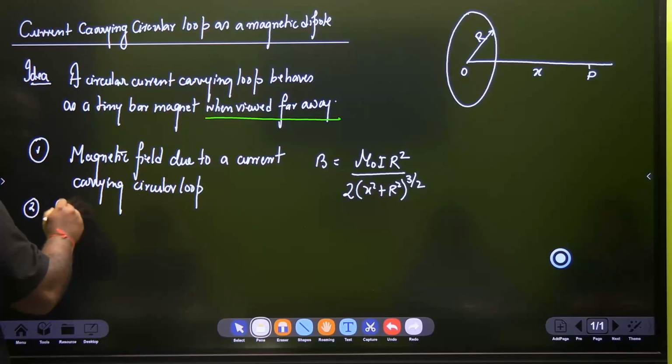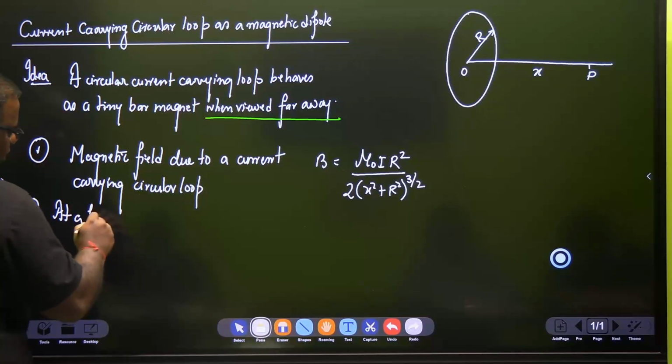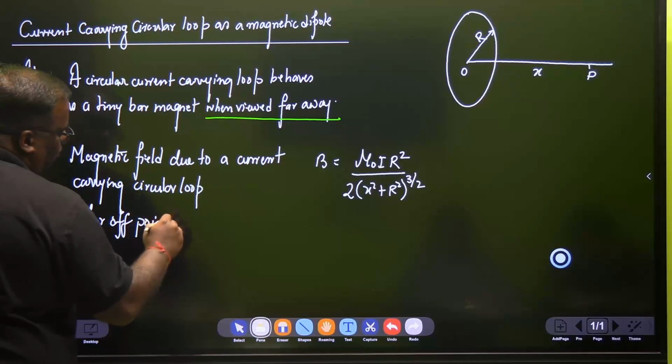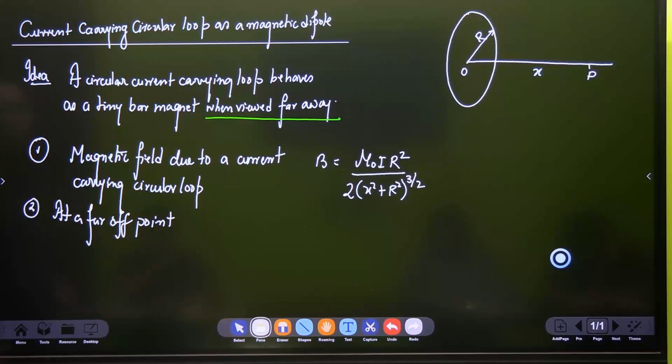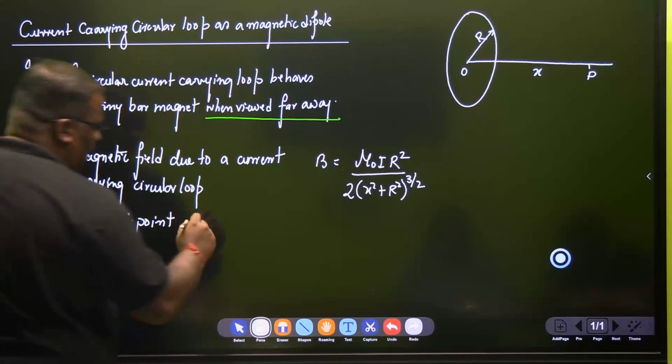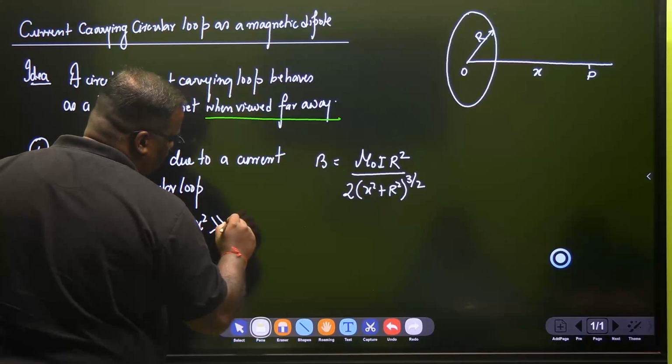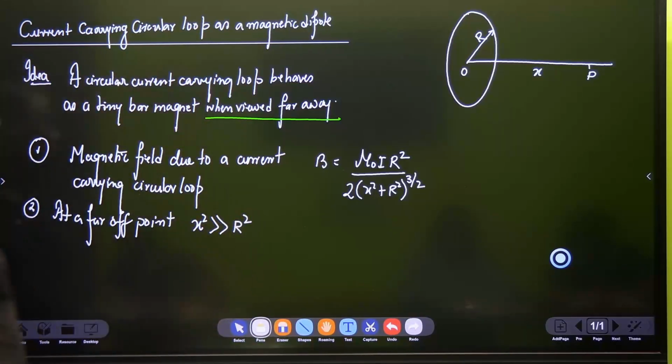At a far off point, what will be the mathematical implication? We will say x square as a value will be sufficiently large compared to r square. Look at the figure, x square will be very big.